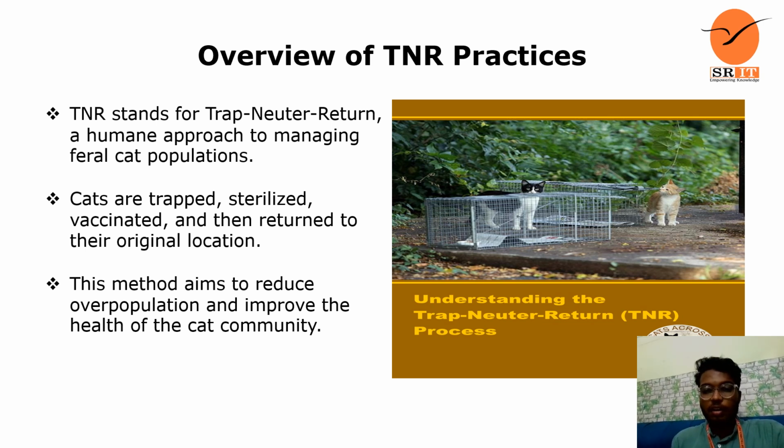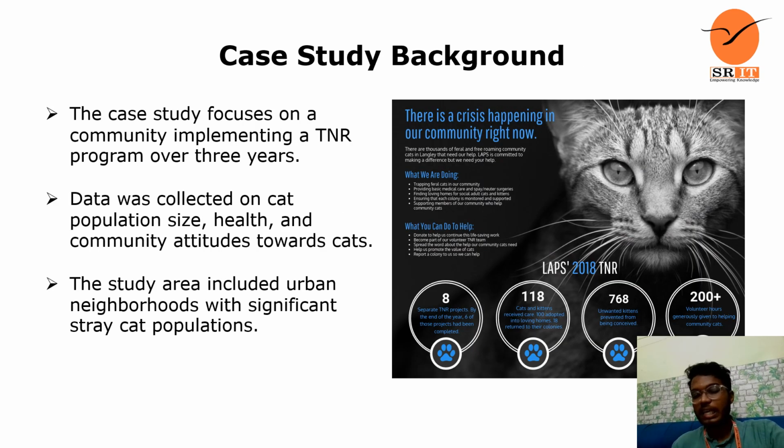See, basically, the cats will be collected, I mean trapped, and we sterilize them and vaccinate them so that overpopulation is avoided. These cats have a gestation period of very short amount of time, and in a single birth they give birth to many kittens, which results in overpopulation. Every 2 to 3 months they keep on giving birth to new kittens, which leads to the overpopulation.